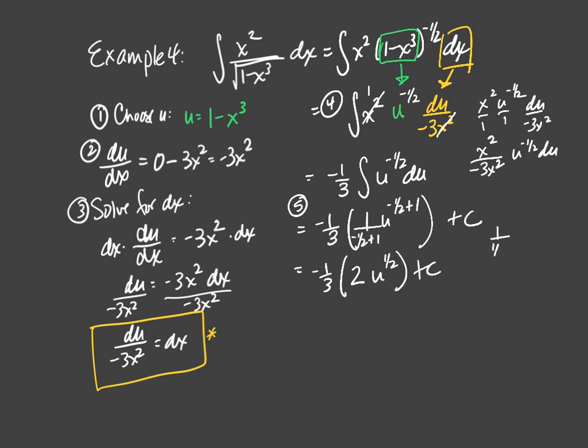Right, 1 divided by 1/2 is the same as 1 times 2 over 1, which is 2. And then last but not least, I'm going to replace u back to 1 minus x cubed to the 1/2 power plus c.